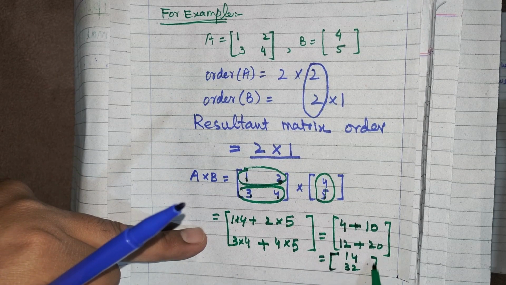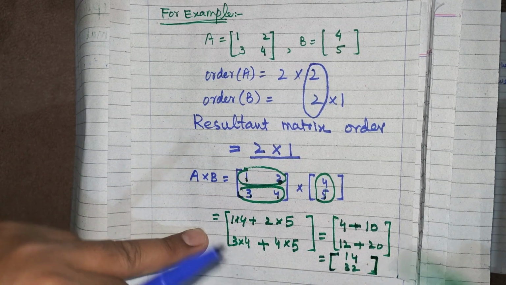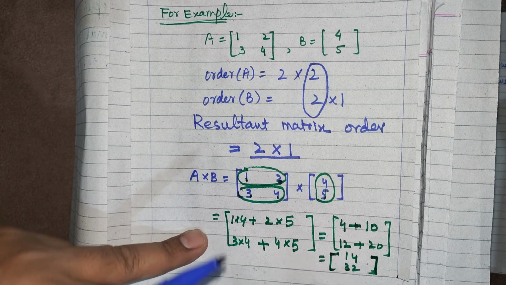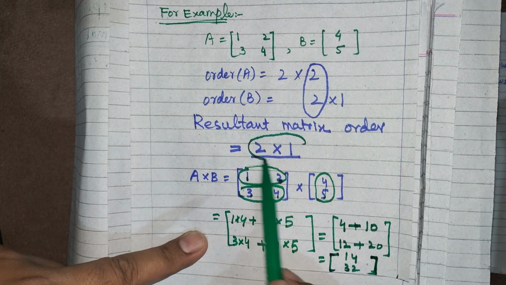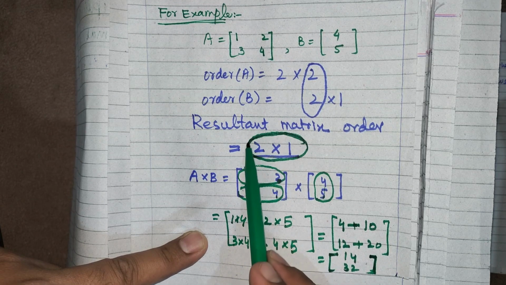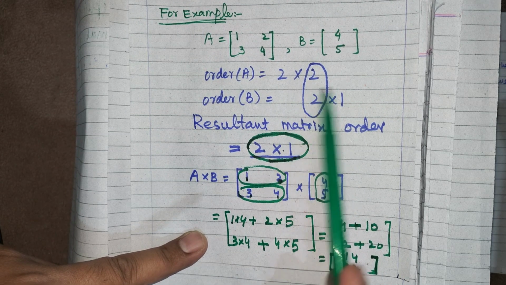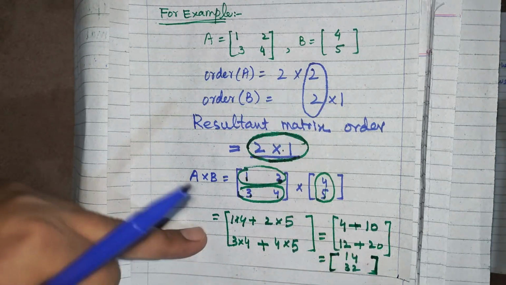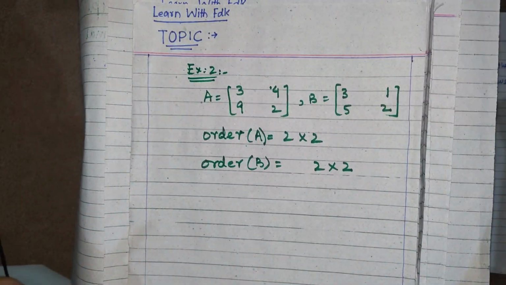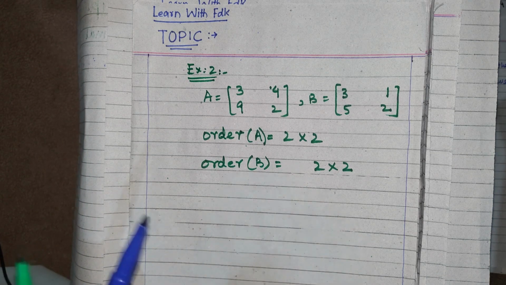Now look at the resultant matrix, the result of A multiplied by B. It has 2 rows and one column, which we have already written here from this process. Now look at the second example, in which both the matrices are 2 by 2 matrices.